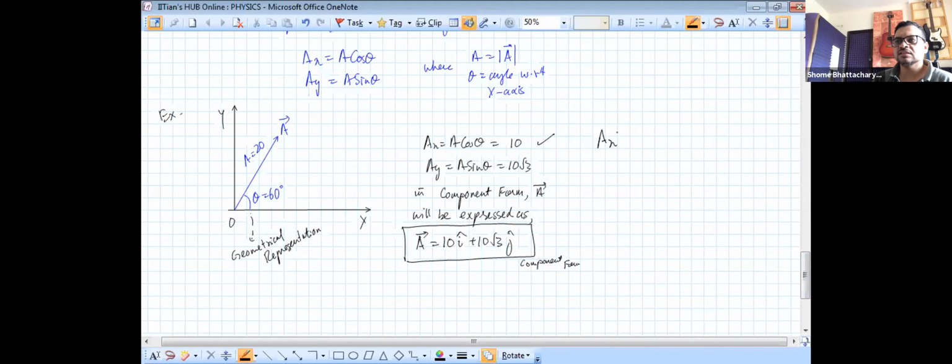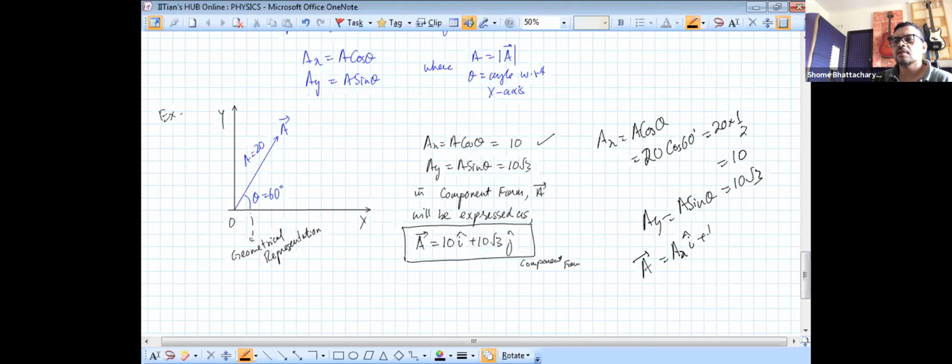Because this Ax was A cos theta, which was 20 cos 60, that was 20 into half, it was 10, and similarly Ay, it was A sin theta was 10 root 3. So that's why the vector A in component notation is written like this. So Ax is replaced with 10, Ay is replaced with 10 root 3. That's how we get this. Okay, Naksh? That is the meaning of component notation.